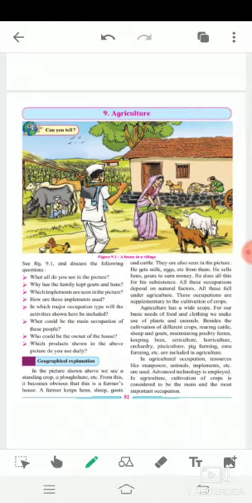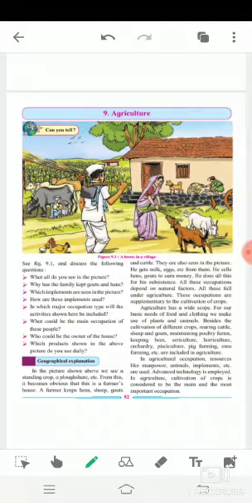Besides the cultivation of different crops, rearing cattle, sheep and goats, maintaining poultry farms, keeping bees, sericulture, horticulture. Sericulture means rearing silkworms. Horticulture, orchardry means gardening. Pisciculture, pig farming, emu farming, etc. are also included in agriculture.